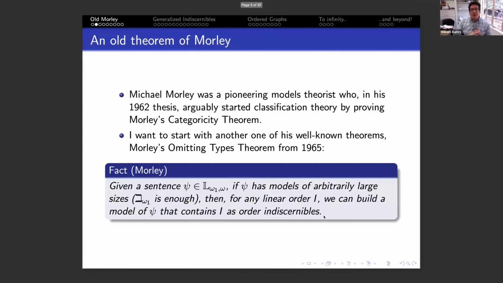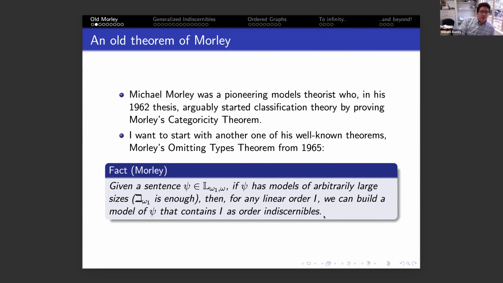What Morley's omitting types theorem classically says is that if you take any sentence in L_{ω1,ω}, if the sentence has arbitrarily large models, and size beth_{ω1} is enough, or even cofinal in beth_{ω1}, then you can build order indiscernibles. So for any linear order I, you can build a model around I where I is an order indiscernible.